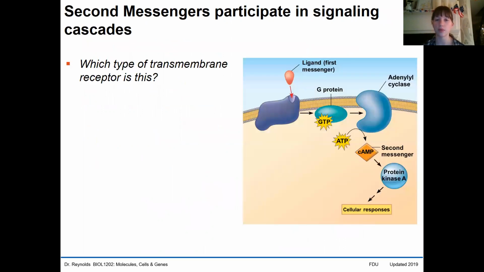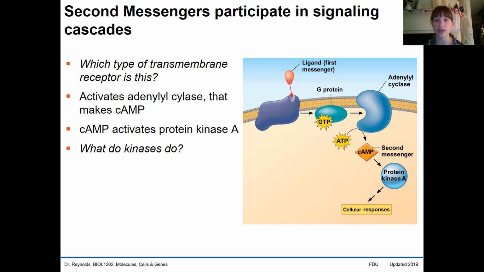So here's an example of a signaling cascade. Which type of transmembrane receptor is this? Good. This would be a G protein coupled receptor because it's interacting with a G protein. That G protein gets activated, and you know that it's activated here because it has a GTP bound to it. That G protein, which is active, is going to activate adenylyl cyclase.